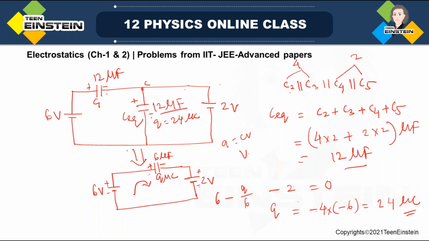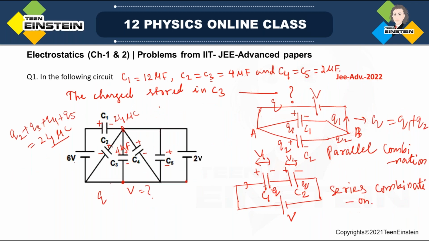So what is the potential difference across this? Suppose this is C and this is D, across C and D. It will be the charge divided by C equivalent, and that is the potential difference across CD. So this will be 20 microcoulomb over 20 microfarad, so it will be 2 volt.